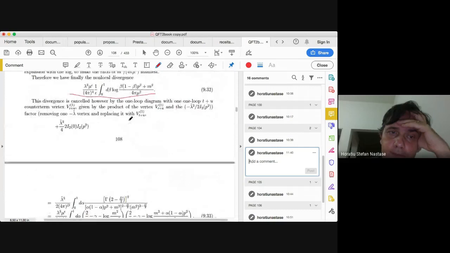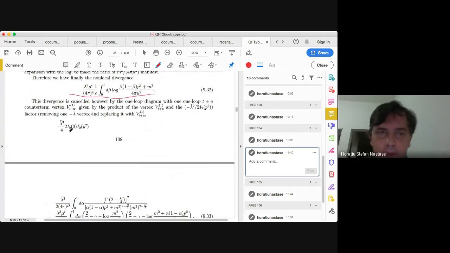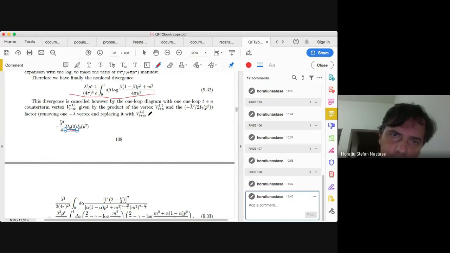So v1 of 2 plus u was 2 times I2 of 0, and the 1 loop integral was I2 of p squared.